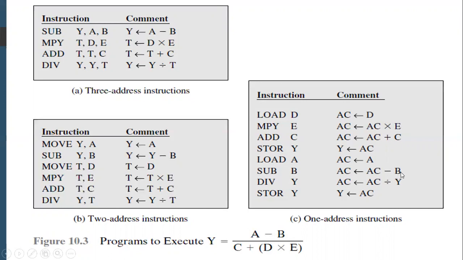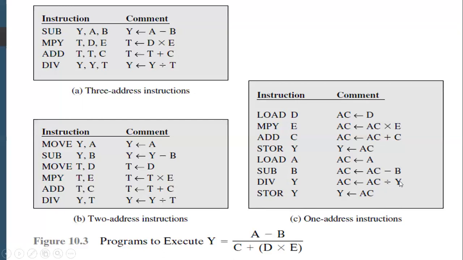Contents of B will be subtracted from contents of your accumulator, and the result will be again stored in your accumulator. Next thing is divide by y. In y you have your denominator, so divide this a minus b by y.